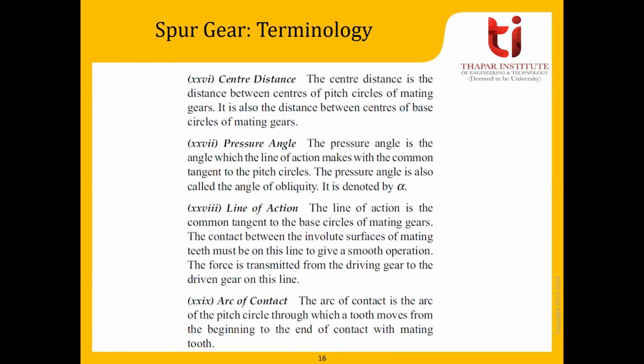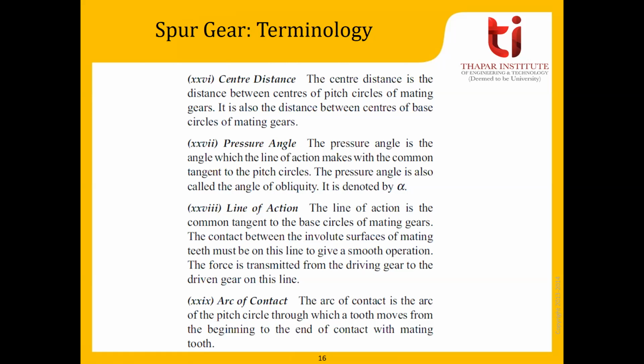So the angle between the common normal at the point of contact and common tangent at the point of contact is known as pressure angle. Then the line of action is the common tangent to the base circles of the mating gears.